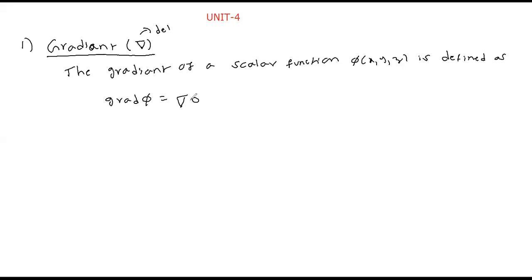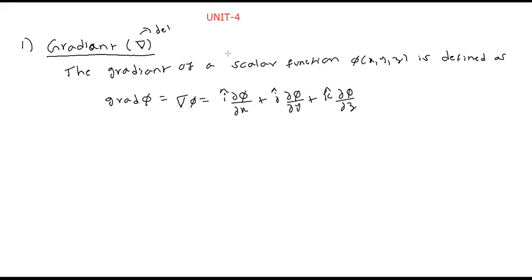Del phi is defined like this: i dou phi by dou x plus j dou phi by dou y plus k dou phi by dou z. This is the definition of the gradient.